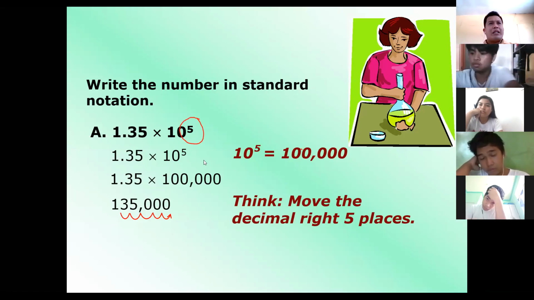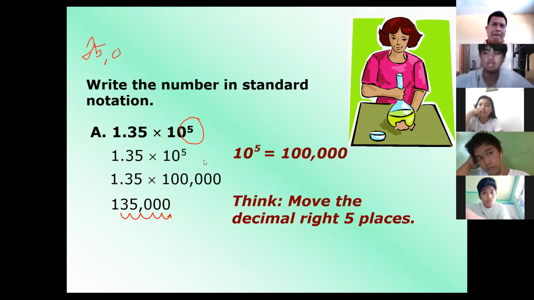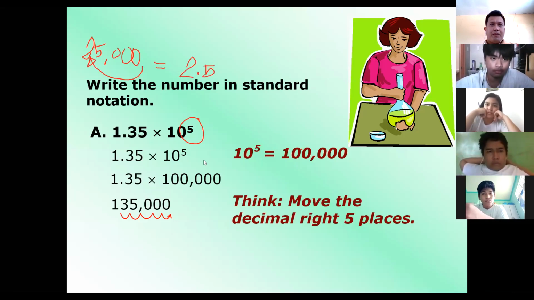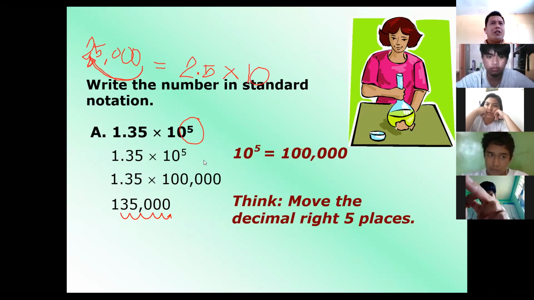But what about if I start with 25,000? If you're going to convert that to scientific notation, you have to move the decimal point from here, going there. So it will become 2.5 multiplied by the base of 10, raised to the number of times the decimal point moves to the left.